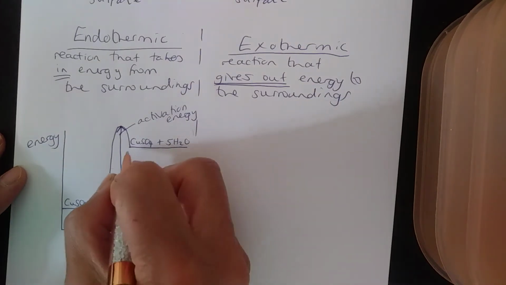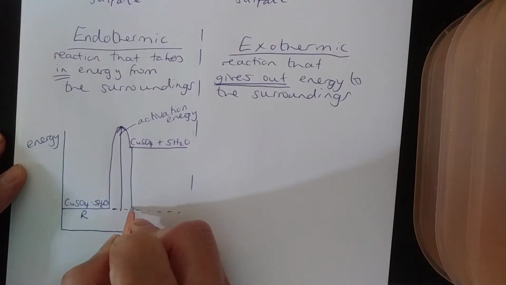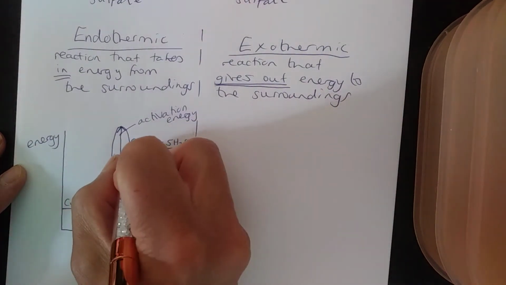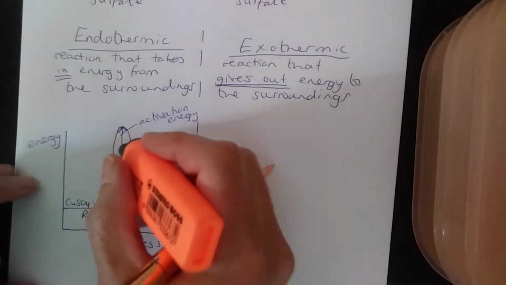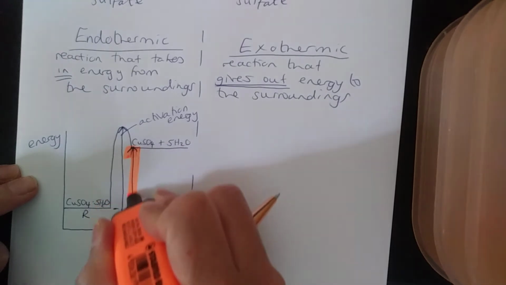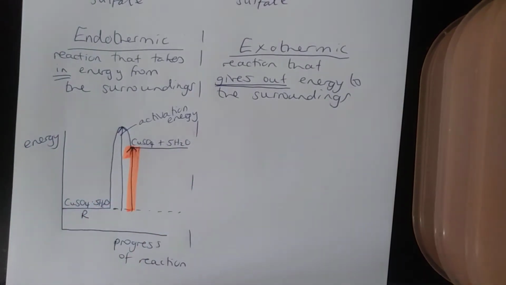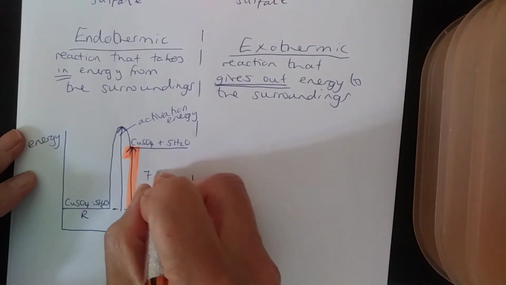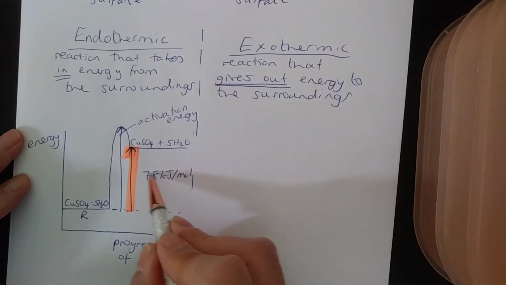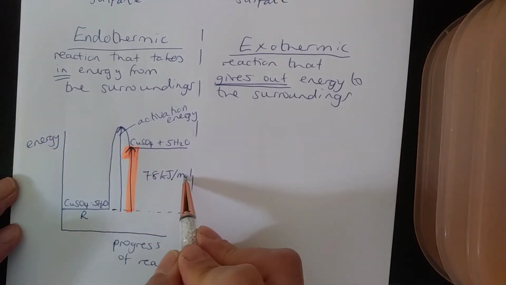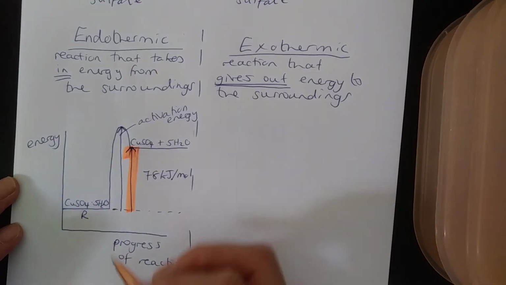And then we can draw an arrow here to show that, and this arrow shows that 78 kilojoules per mole, so 78 kilojoules of energy per mole of substance, is taken in.